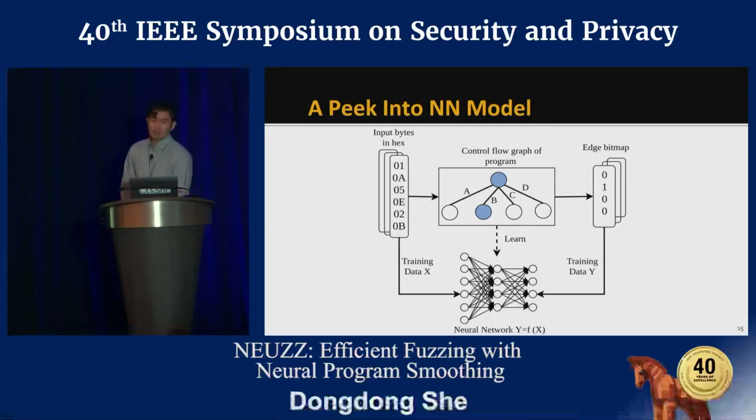The branching behavior consists of the set of control flow edges taken during dynamic execution. If an edge is taken, it is marked as 1, else it is marked with 0. We use program inputs as training data X and the edge bitmap as training label Y to train a neural network model which learns a function to predict the dynamic branching behavior for a given input.